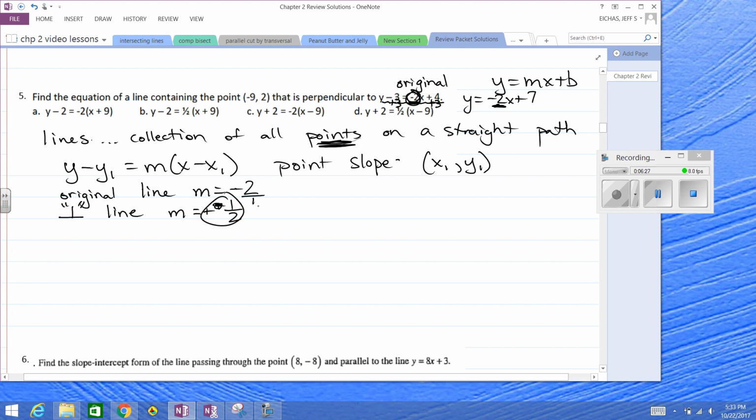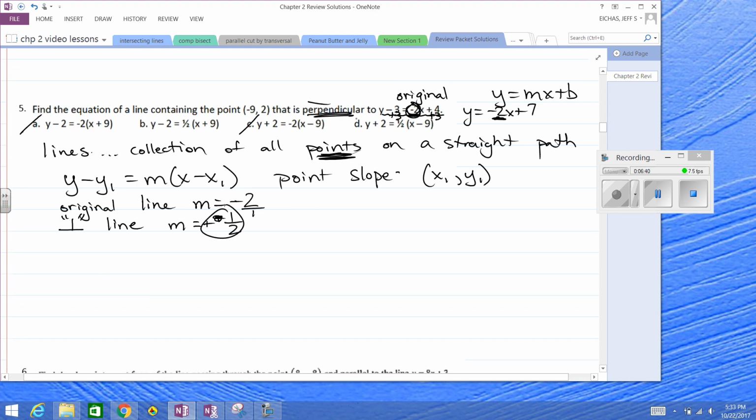Now what I can really do right now is go through all of these. Okay, I know it's not C or A. Those are going to probably be parallel lines. Now we wanted perpendicular though. So now we have to apply our point. So I'll just write this again.